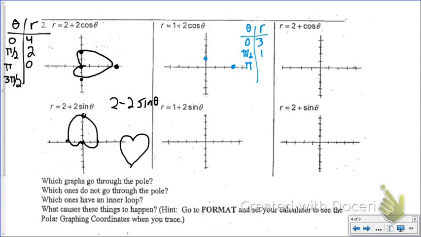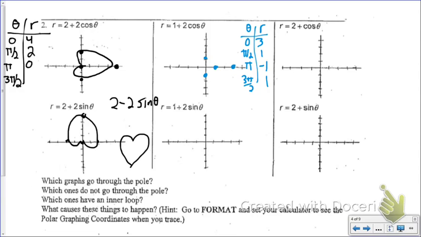The cosine of pi is negative 1, times 2 is negative 2, plus 1 is negative 1. Now remember how to graph negative r's: I go backwards 180 degrees. So instead of graphing it over here on this side, I'm going to go backwards 1, and it's actually going to be over there. The last point is 3 pi over 2. The cosine of 3 pi over 2 is 0, and 0 plus 1 is 1.